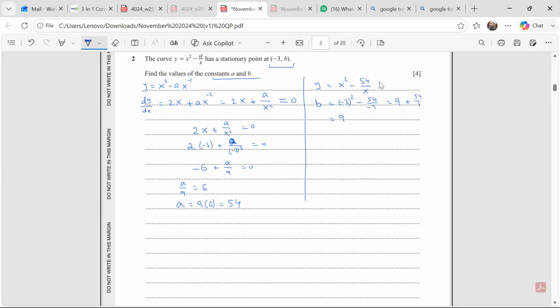This is going to be 9, plus 54 over 3, which is 18. So 9 plus 18 is 27. So the value of b is 27. I hope this is clear. So b is 27 and a is 54.